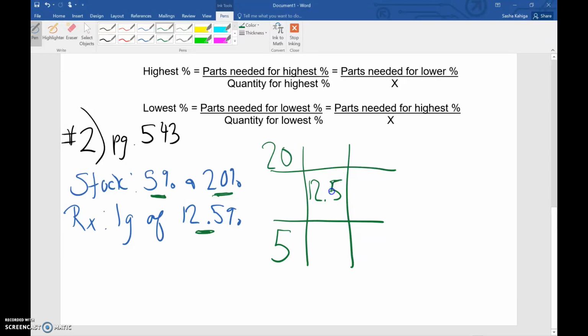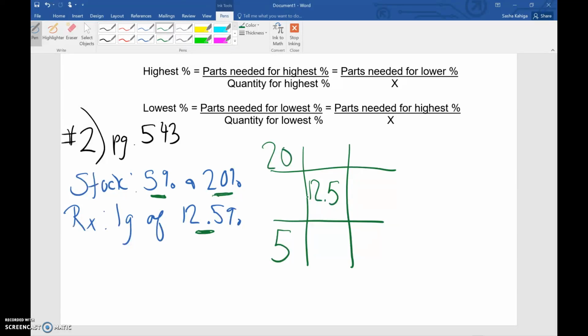So before I subtract diagonally, I'm going to ask myself, does the desired percentage fall in between my highest and my lowest? Well, if I count from 5 to 20, I am going to come across 12.5. So because I know it falls in between, it is correct. So I'm going to subtract diagonally.